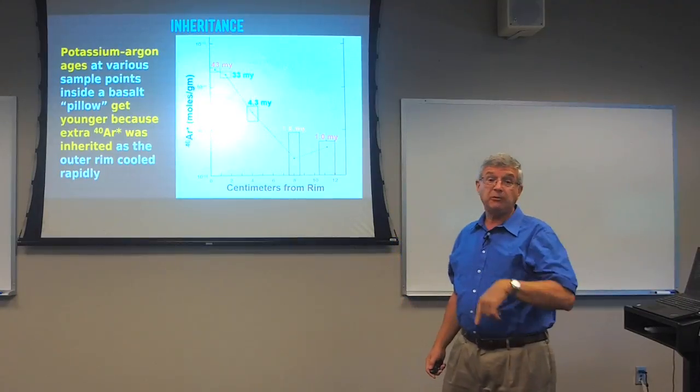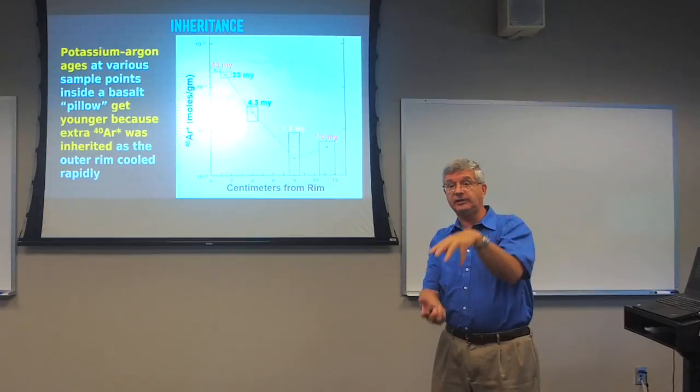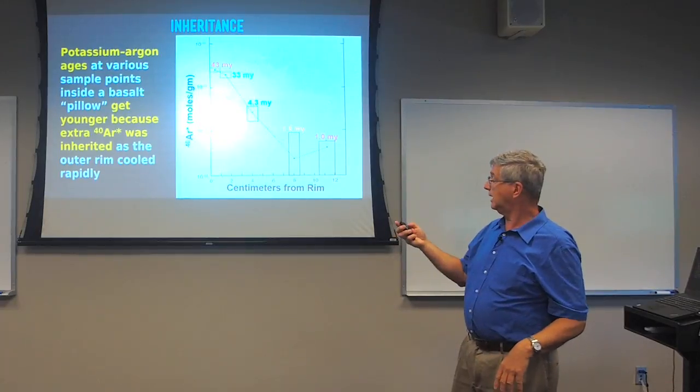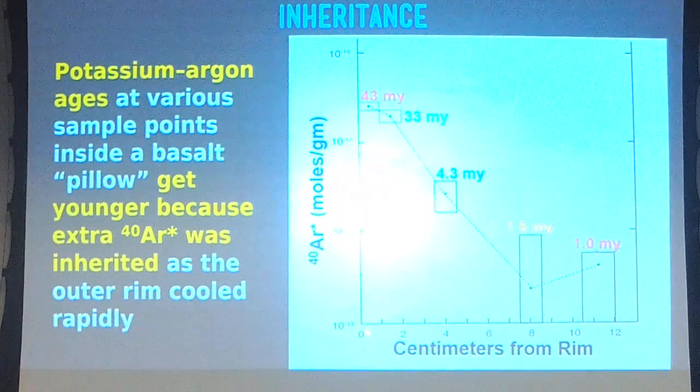And that will affect how much argon can get trapped in the rock. Here they did an analysis from the rim of one of these pillows that had cooled rapidly underwater, and they looked at the date as you went in, and the date changed.